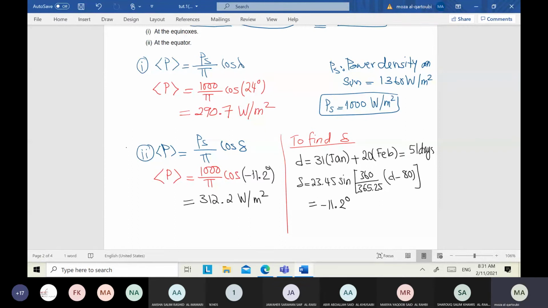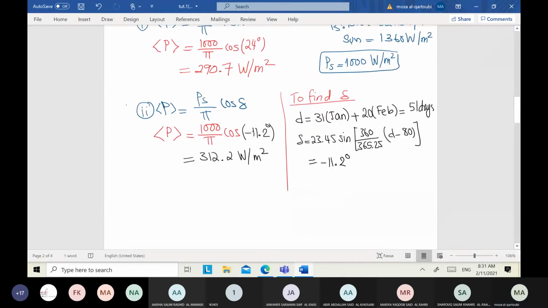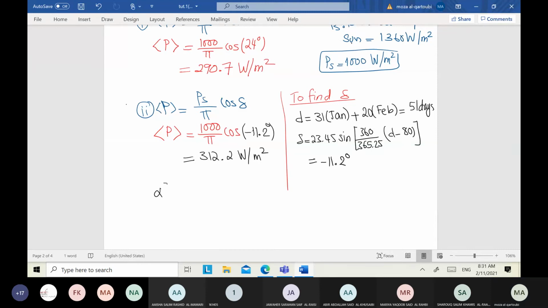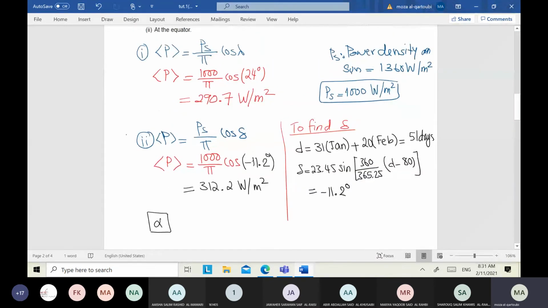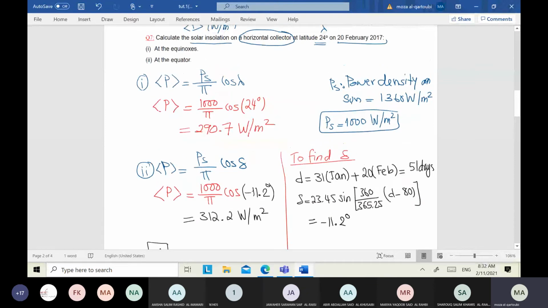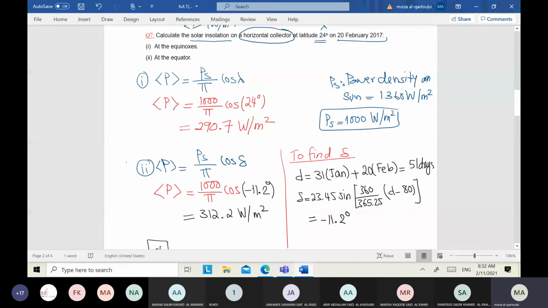Does anyone remember this angle? What is this angle called? Alpha? Alpha is called which angle? Our angle, yes, our angle. In this case, if given this type of collector, a horizontal collector, at the equinoxes, does anyone know alpha, our angle, equals what?